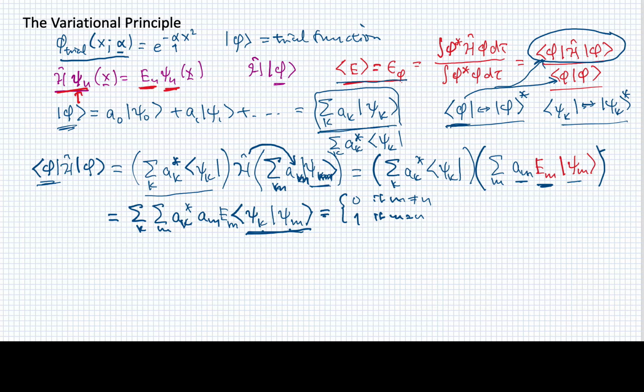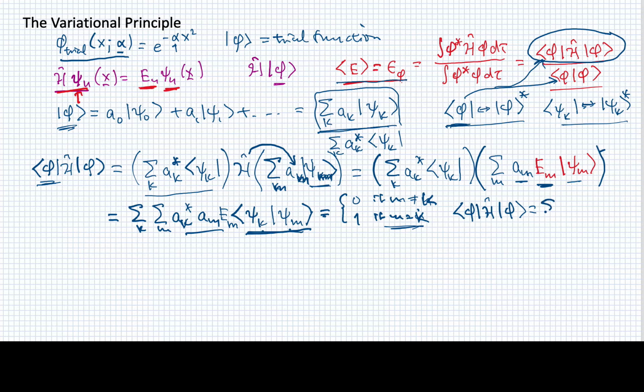So that's going to simplify this expression a lot, because it means that k must be equal to m. That's the only term that survives. So this means that the net result of this will look like this.